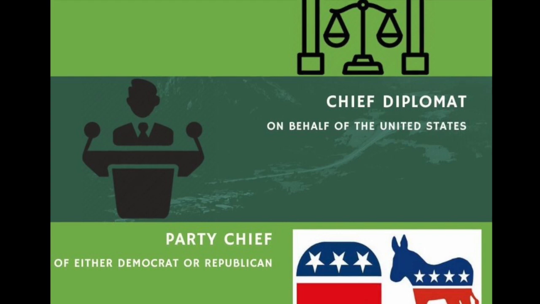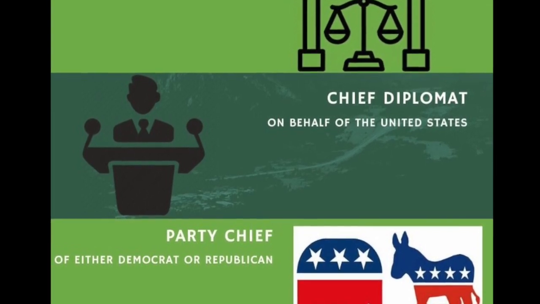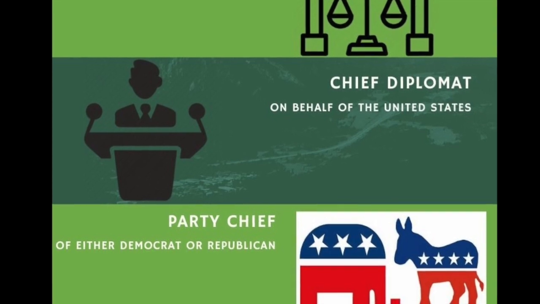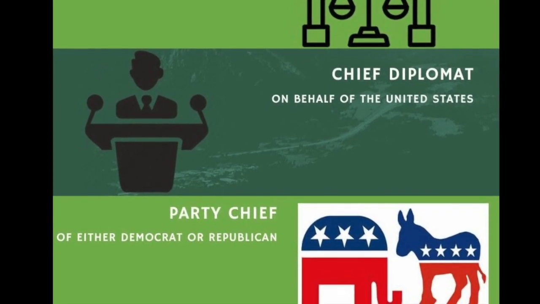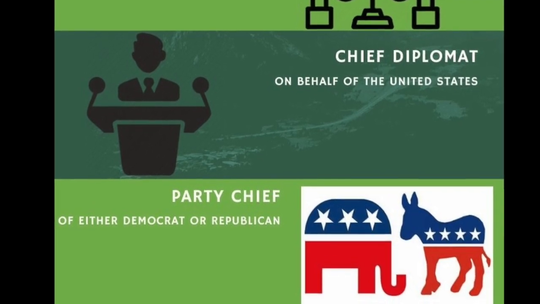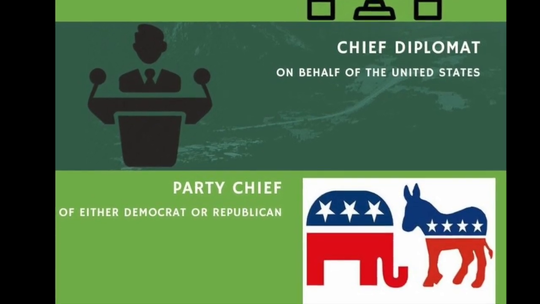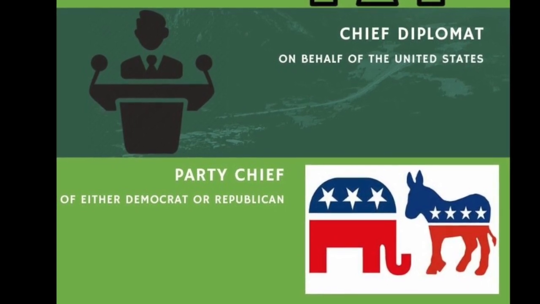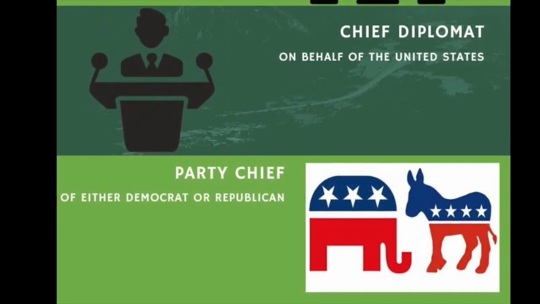The president is also chief diplomat. He represents the United States to the rest of the world as the leader of our country. Finally, he is the party chief. Whether a Democrat or a Republican, the President of the United States is viewed as and looked at as though he is the head of that party.